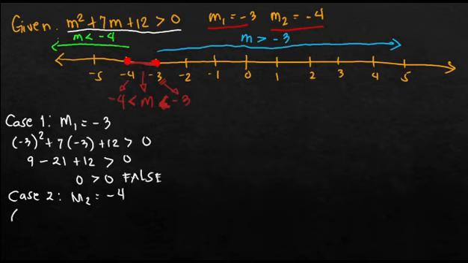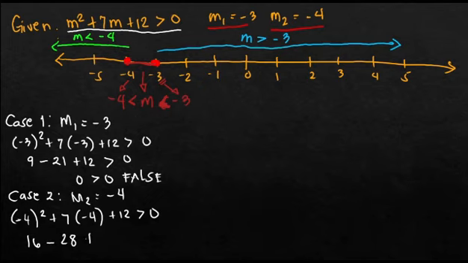Okay, so we have -4 squared plus 7 times -4 plus 12 greater than 0. So, -4 quantity squared is +16. 7 times -4 is -28 plus 12 greater than 0. 16 minus 28 is -12 plus 12.